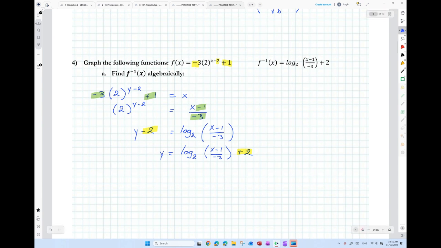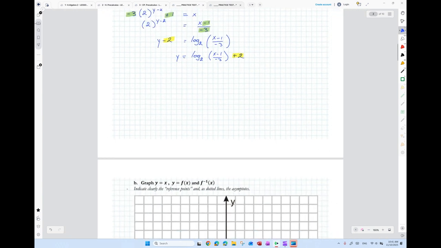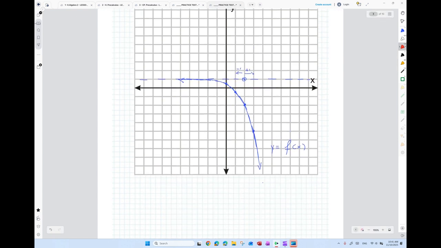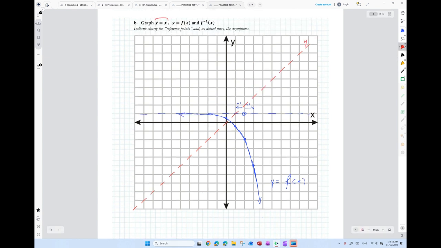So the only thing that I'm going to do is to graph the line y equals x. Try to be as neat as possible, eventually using a ruler. This is the line y equals x.